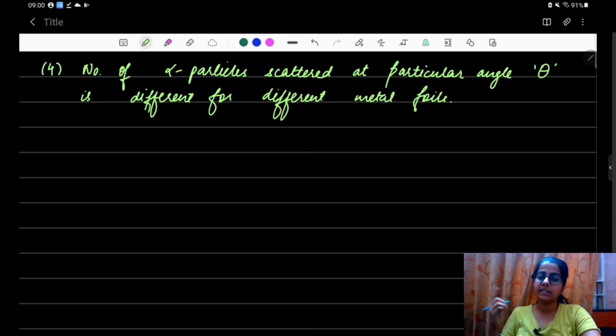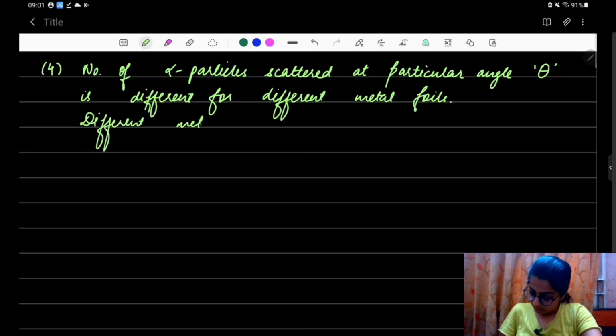Obviously, the equation is k Z squared upon sine theta by 2 raised to 4, where Z is atomic number. More is the atomic number, more will be the number of alpha particles. So the number of alpha particles scattered is different for different metal foils, different metals, or you can say it can be any element.